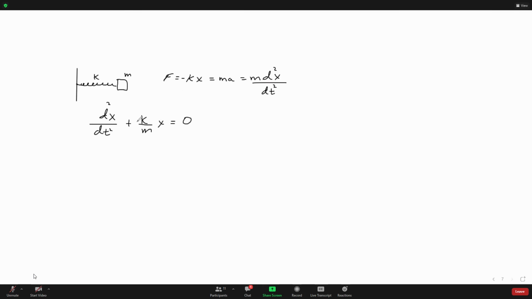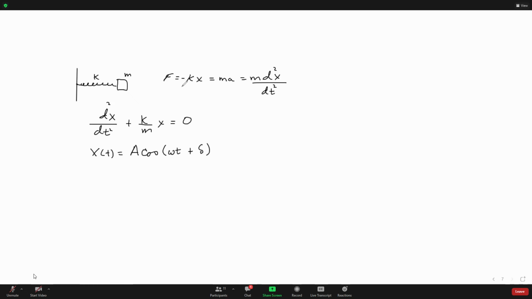But you got to worry about this constant here. It turns out the solution is some constant a times the cosine or the sine, you can use either one, it doesn't matter, omega t plus a phase angle delta.